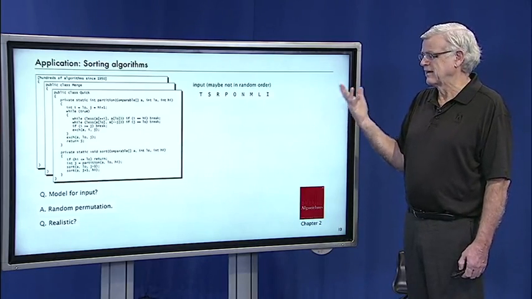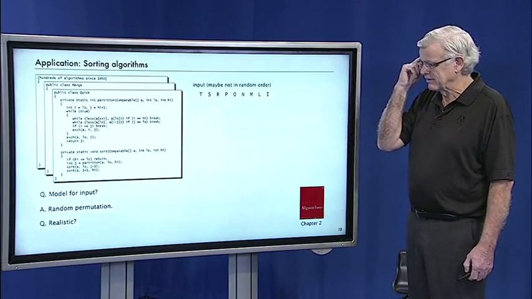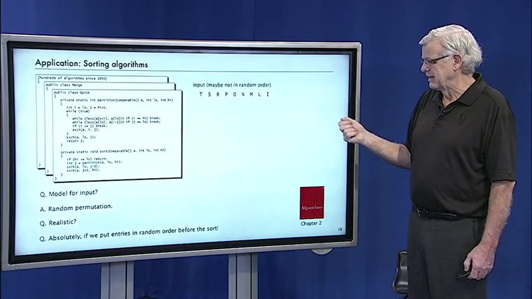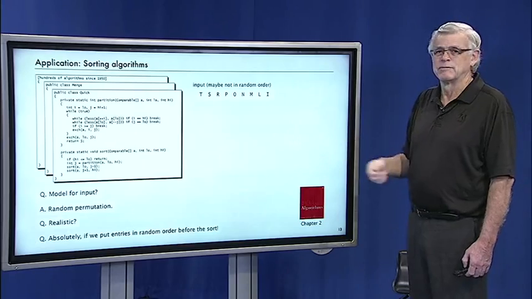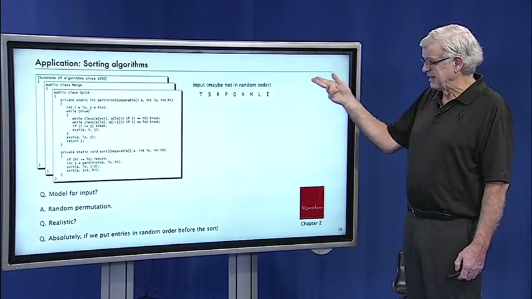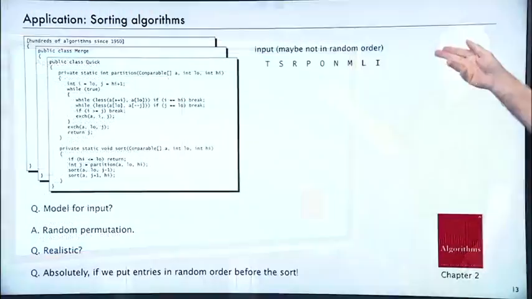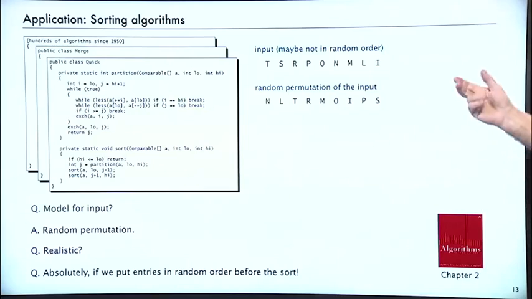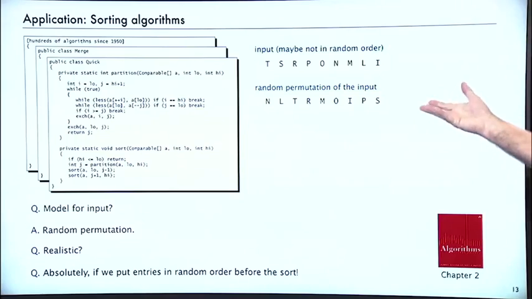And the answer is that absolutely it's a realistic model if we just apply a random permutation to the input before the sort. So the input might not be in random order. In this case, it's in reverse order. But if we randomly permute it, then we absolutely have a situation where we're sorting a set of items that are a random permutation, so the model is exact.